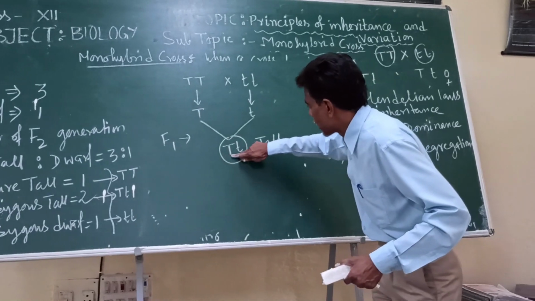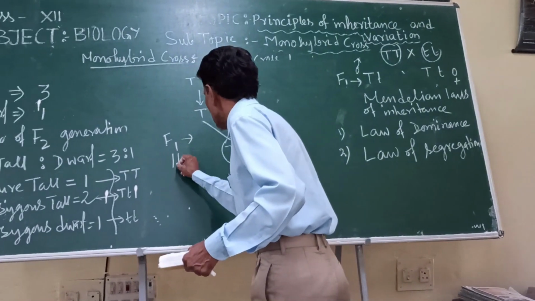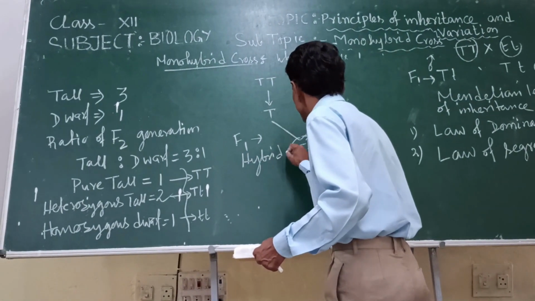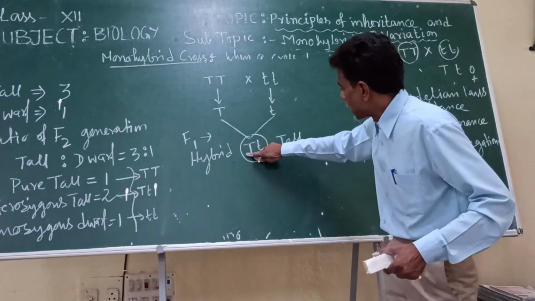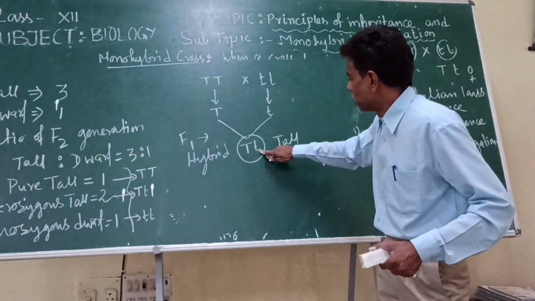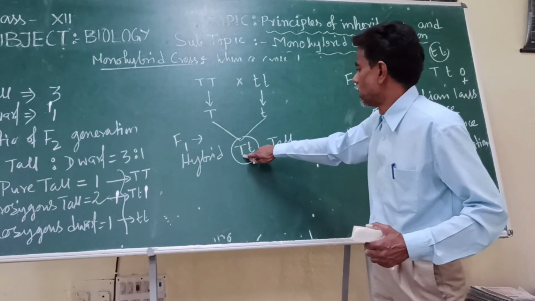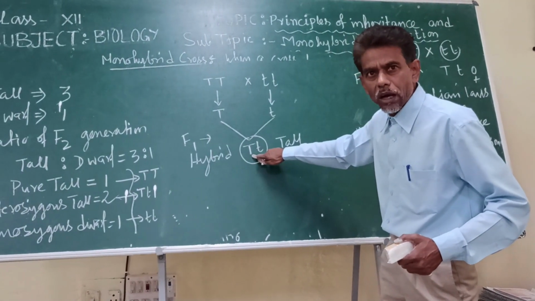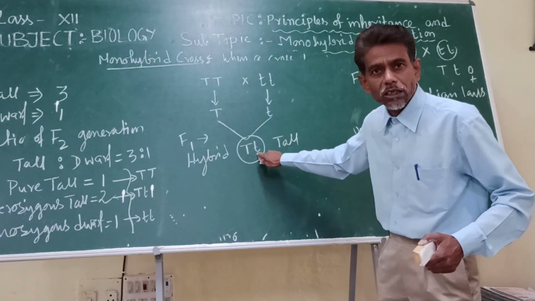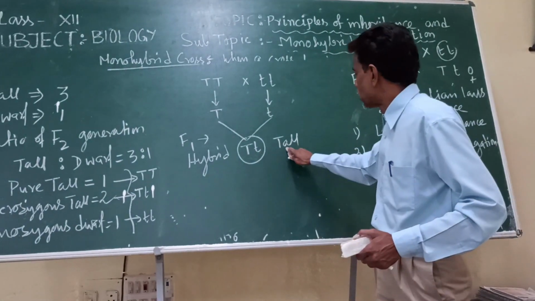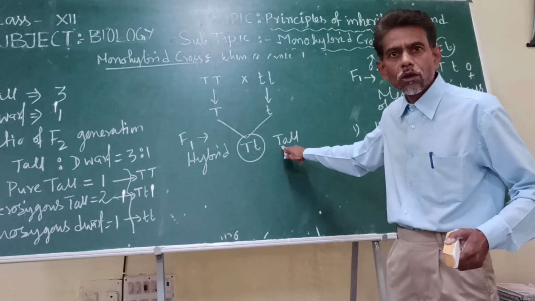Although the genetic combination of the F1 hybrid has one capital T and one small t, the allelic genes, what today we call genes, Mendelian factors, small t stands for the dwarf character, yet the phenotypic expression is that all the plants are tall.